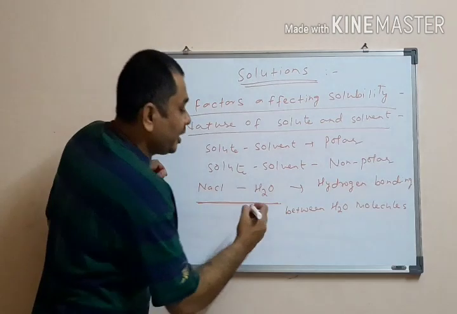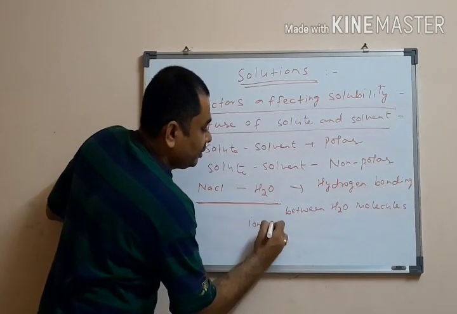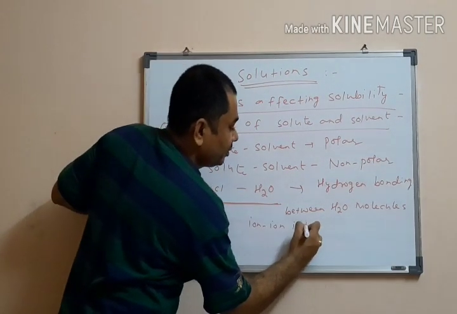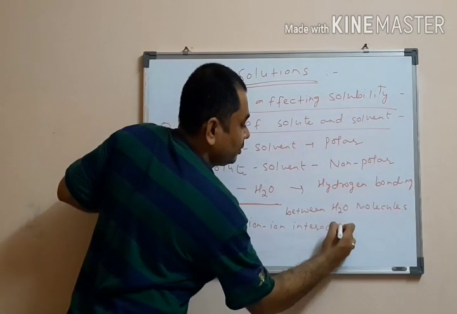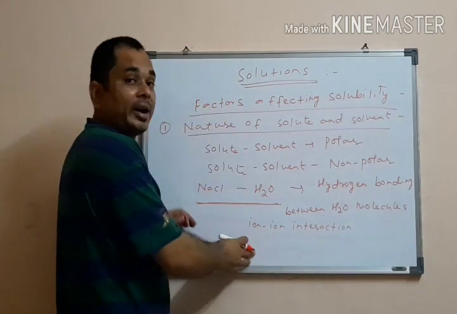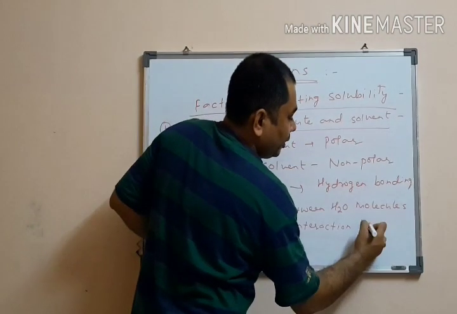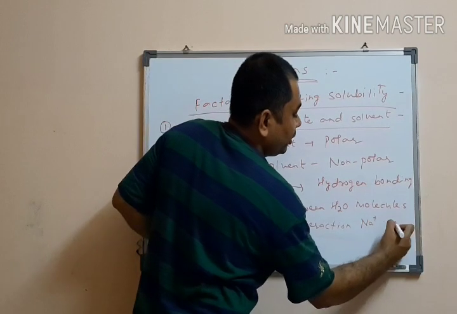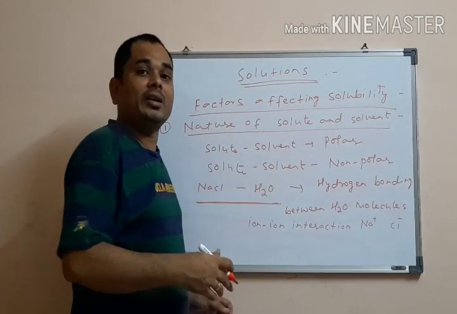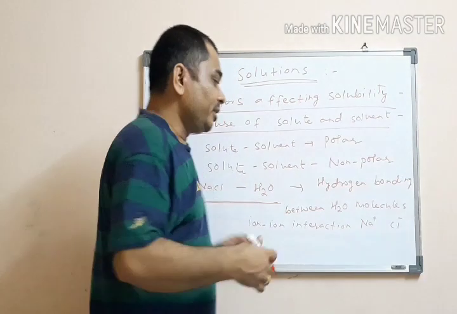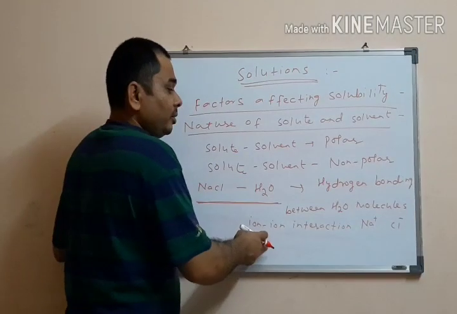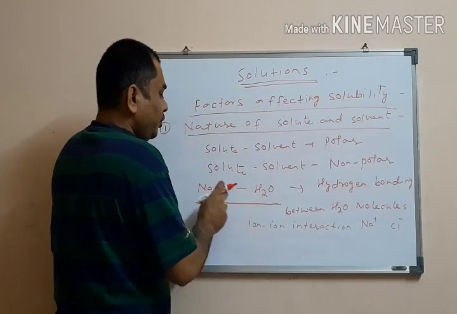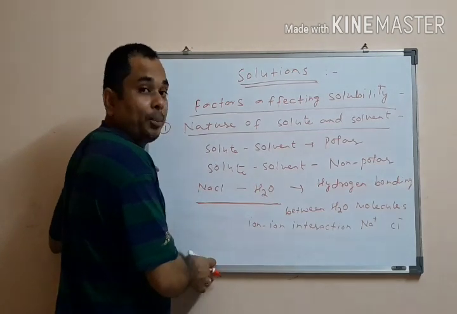Similarly, there are ion-ion interactions. What are the ions in this? Na plus and Cl minus. So these ion-ion interactions are also there. Similarly, there is an interaction between these ions and this dipole, water dipole.